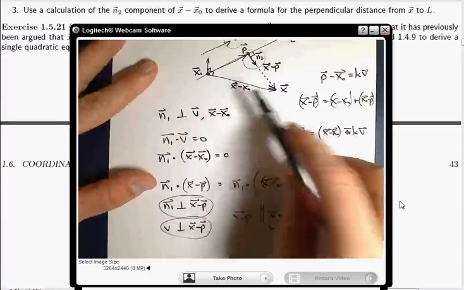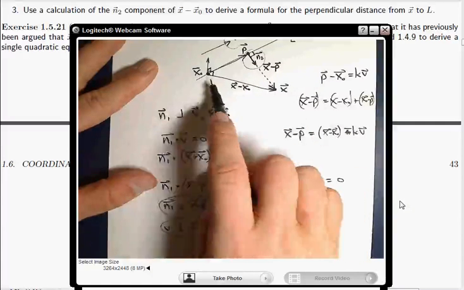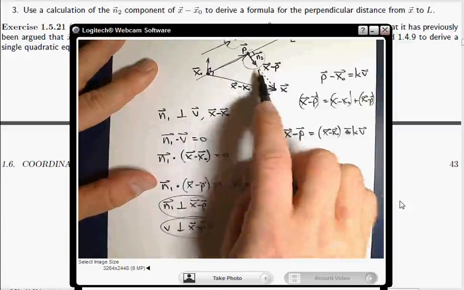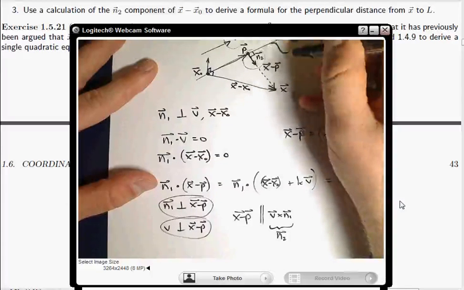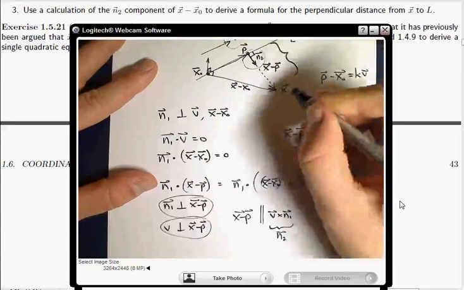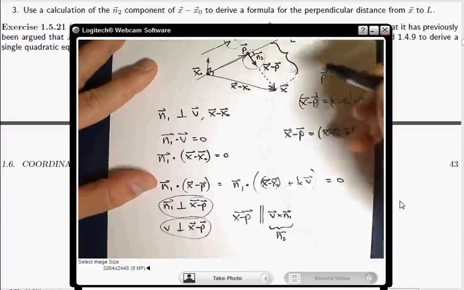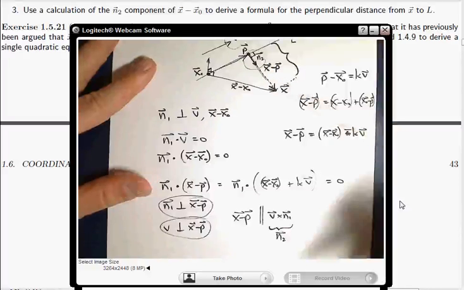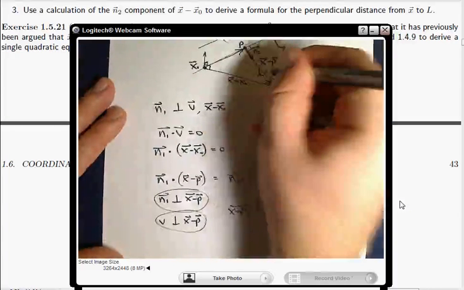So the component of x minus x naught in that direction is actually this distance, that distance there.